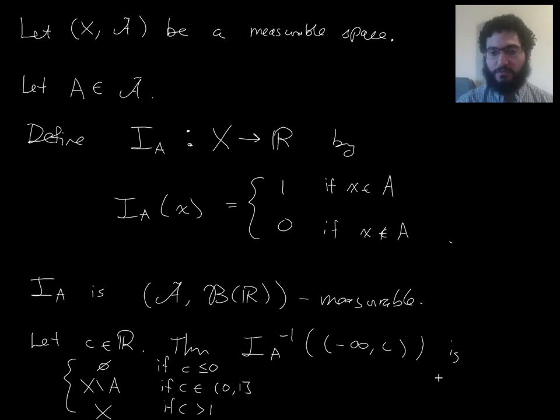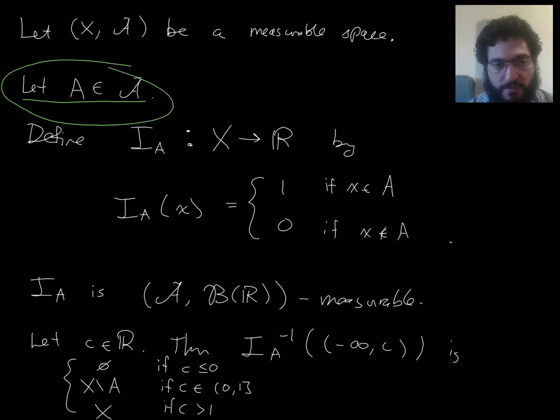Okay, so this is really the most simple situation that you can have. There are only 3 possibilities for the preimage of one of these sets. And all we have to do is verify that all 3 of these are measurable subsets of X. And they are. This is always, and this is the complement of something that was assumed to be measurable. So you see why this was important?